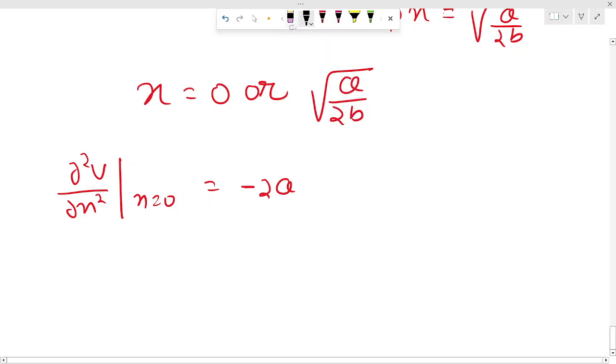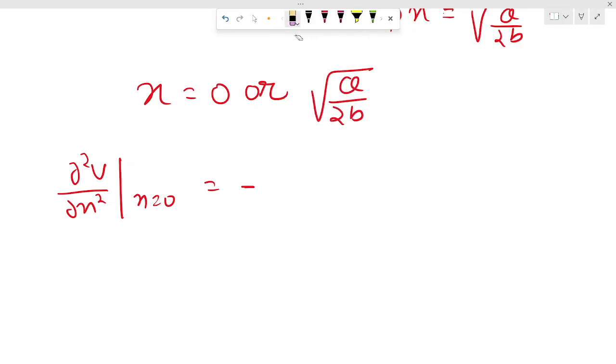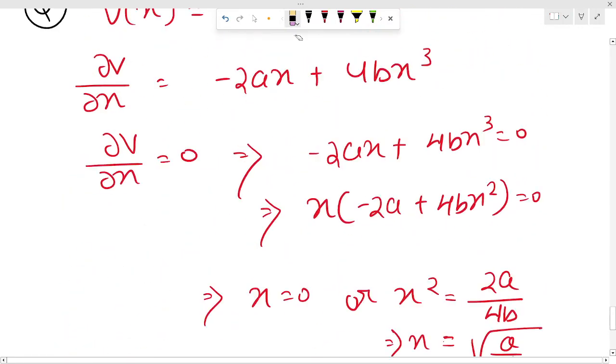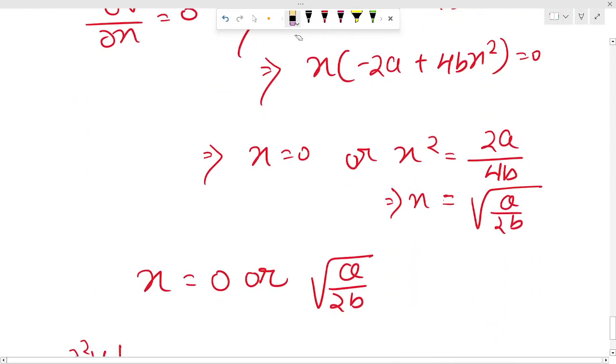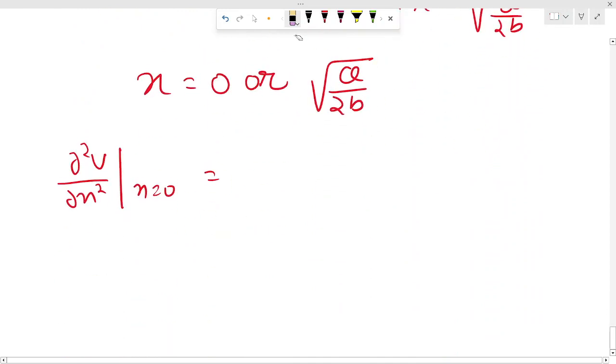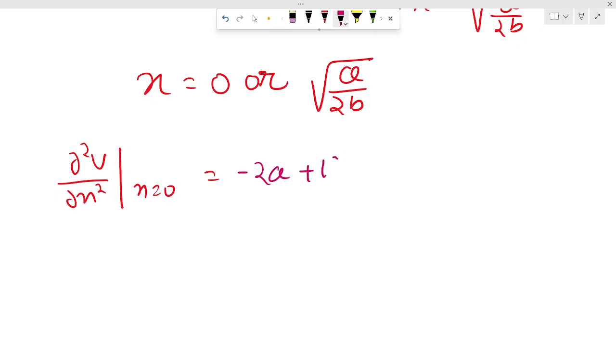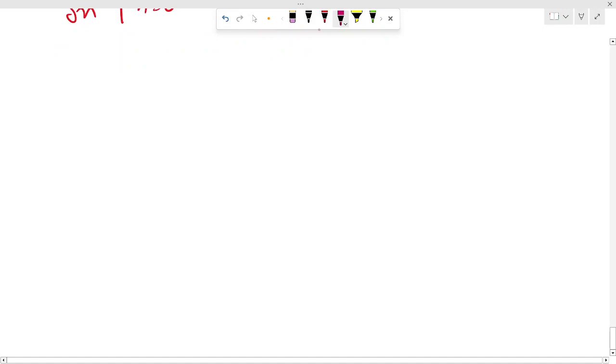Let me do the derivative first. I have directly used the values, okay? So you have del V upon del x as this. If you take the derivative, you can get its value as minus 2a plus 12bx square, okay?